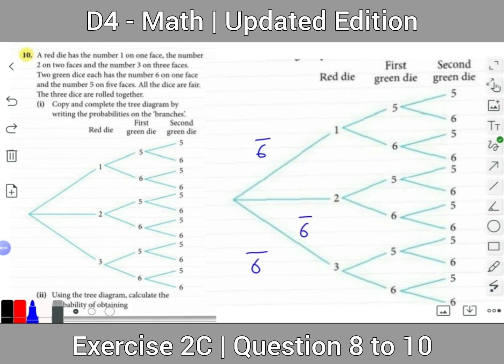Now the number of favorable outcomes from the question: the number 1 is on one face, so the probability for the number 1 is 1 over 6 on the red die. Now the number 2 is on 2 faces, so the probability of the number 2 on the red die is 2 over 6, which equals 1 over 3.